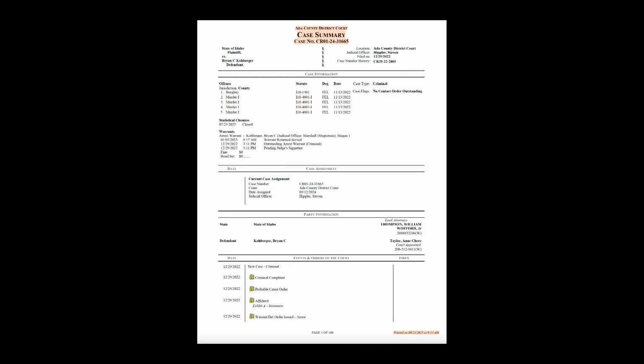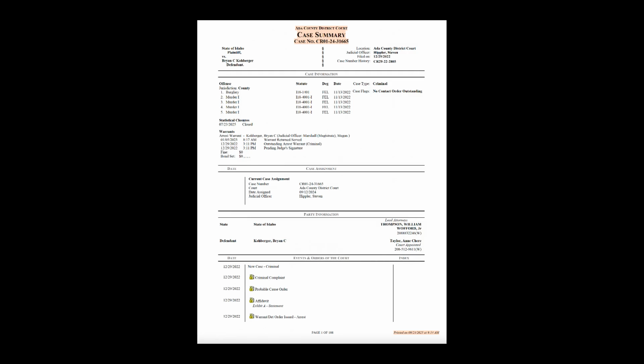And then there is some other information regarding the case, who the lead counsel is for the state versus for the defense, Mr. Kohberger.